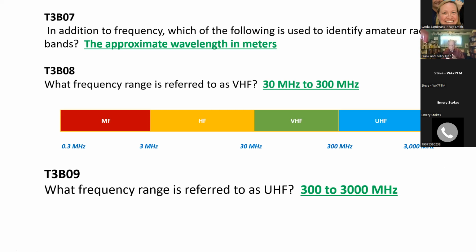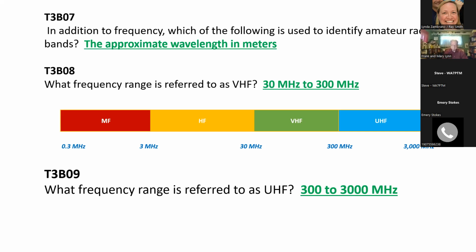In VHF, you're looking at about 5 kilohertz for that. You get up to UHF and it gets higher still. The reason we like getting up there is because we can pass more data faster.